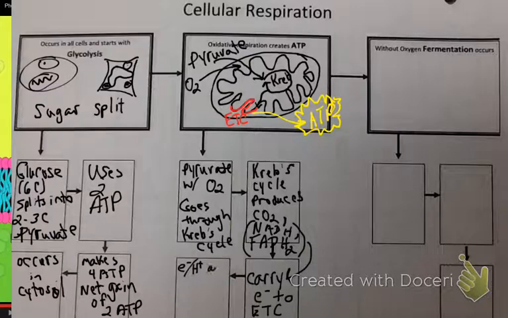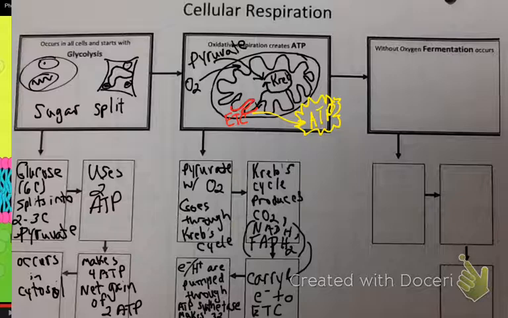The hydrogens are pumped through something called the ATP synthetase. S-Y-N-T-H-E-T-A-S-E.